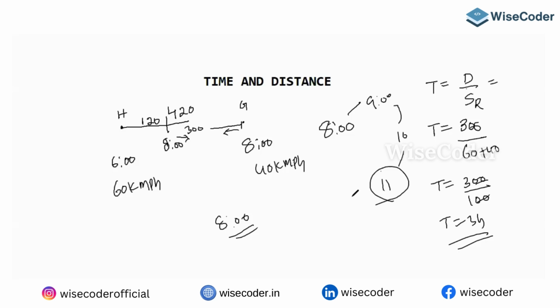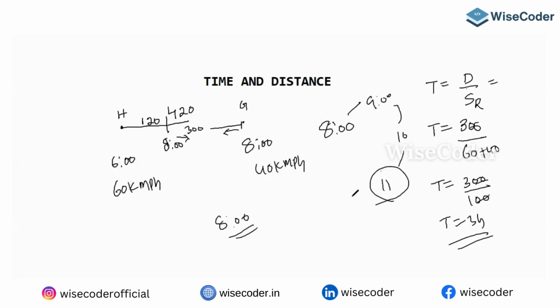The relative speed is the difference of the speeds. When both are moving in the opposite direction, the speeds are added. So we have seen two different equations in that particular funda.